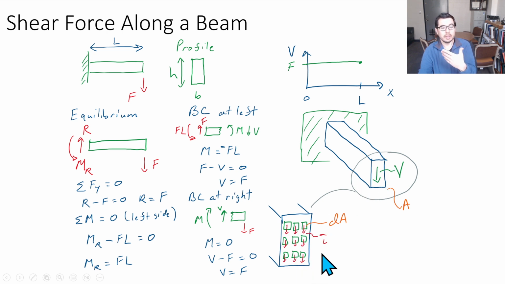That is what we will prescribe to be tau. We can say that tau dA is a little piece, a dV, of the shear force V. And you might have caught this a second ago: it's not necessarily the same across that whole face.